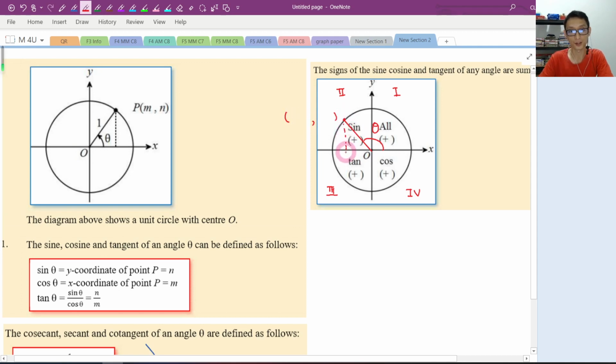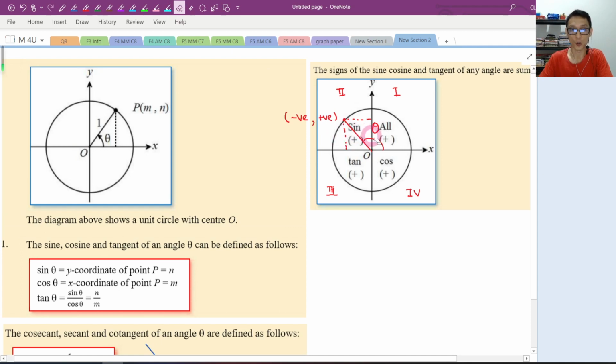And the y coordinate, which is here, positive. Sine theta, y coordinate, positive. Cosine theta, x coordinate, negative. Tangent theta, y coordinate over x coordinate: positive divided by negative, you will get a negative value. Therefore, in the second quadrant, only sine positive.